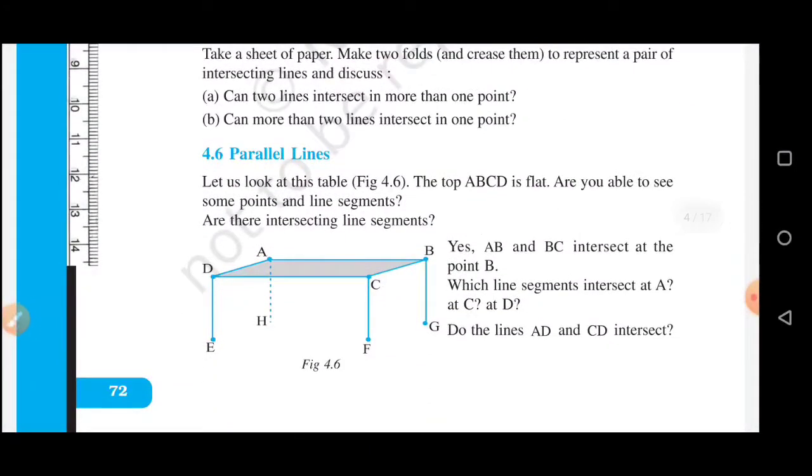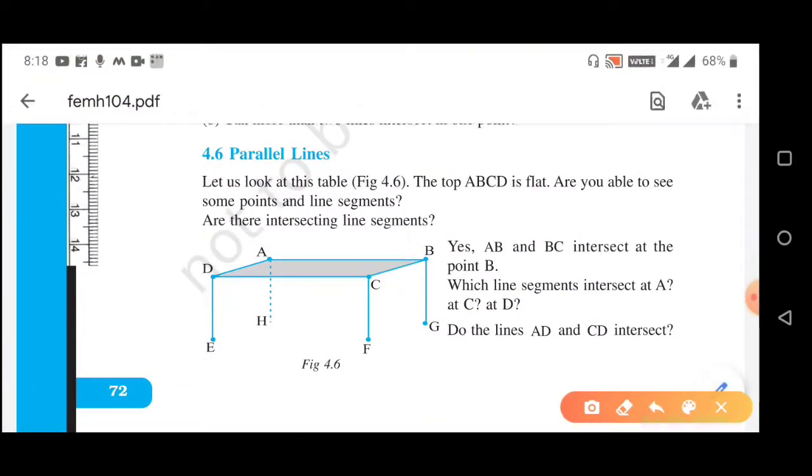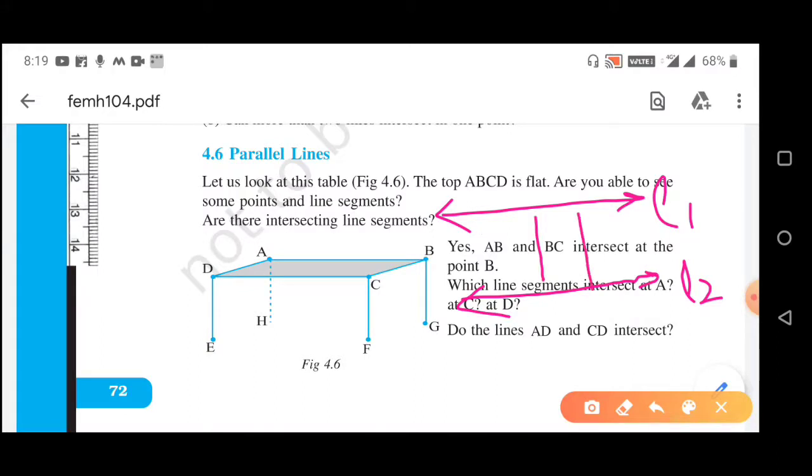Parallel lines: what are they? Parallel lines never touch each other. So if we draw a line, suppose this is line L1 and another line, this is line L2, then the distance between L1 and L2 is always equal.